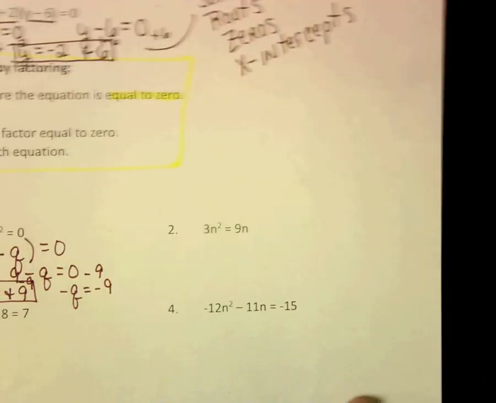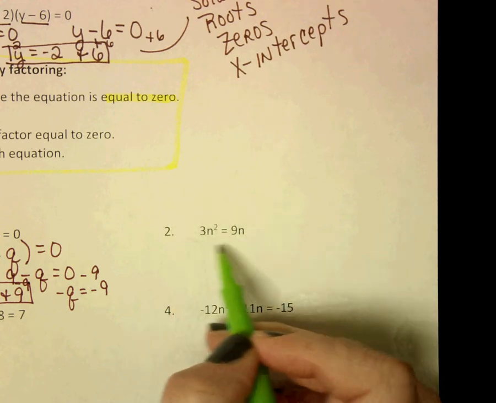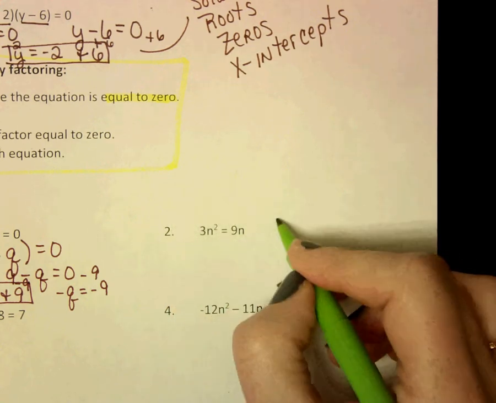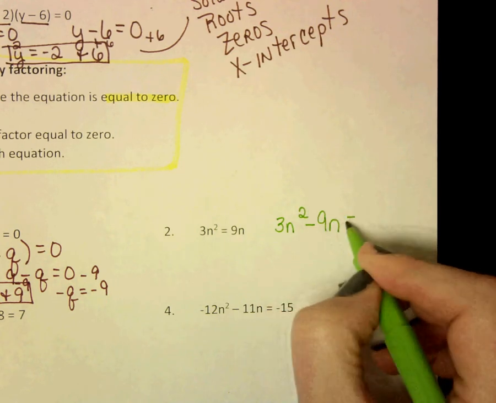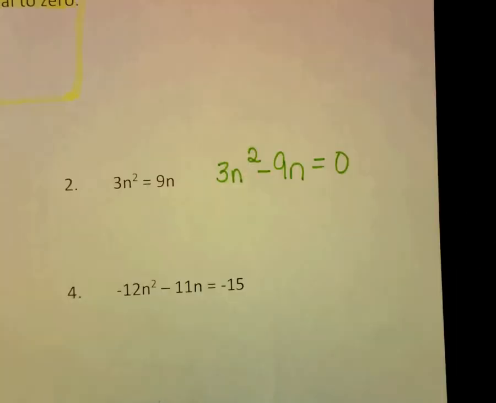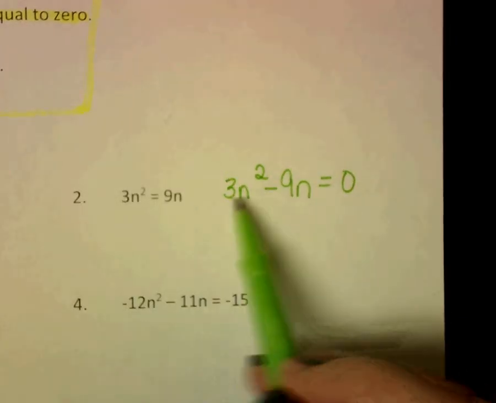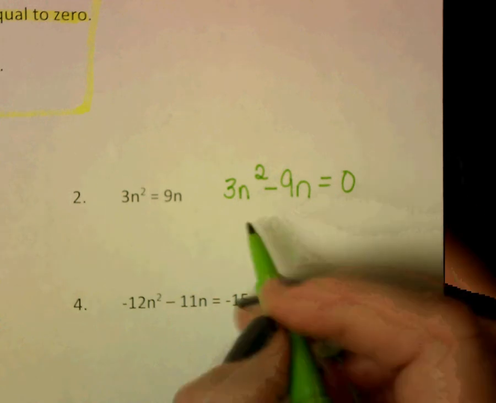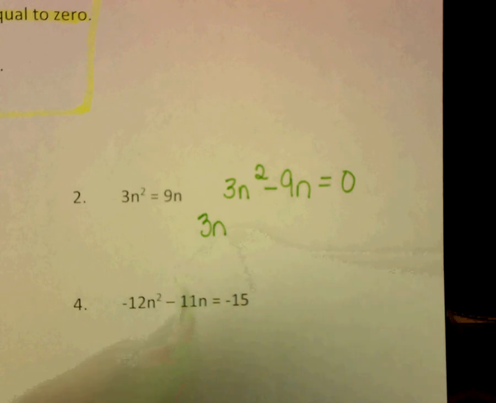Okay, let's look at the second example. Notice that this equation is not equal to 0. So the first thing I need to do is subtract 9n from both sides so that my equation is equal to 0. Okay. I still have a binomial, so I see that I have a greatest common factor of 3n.